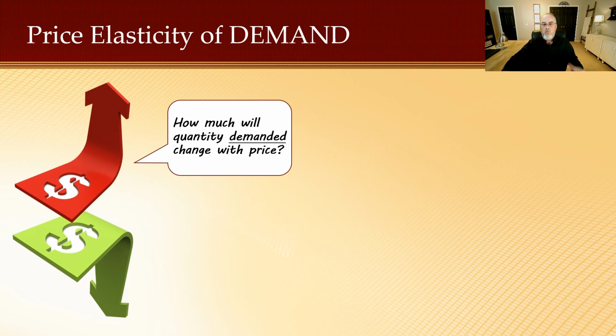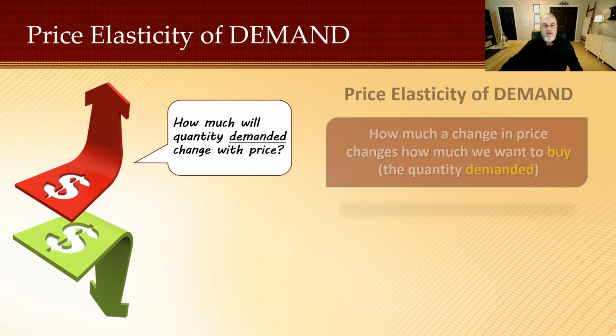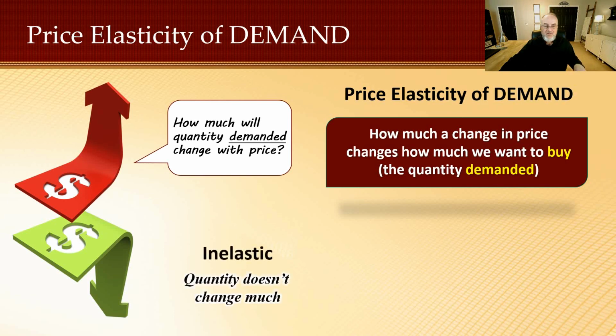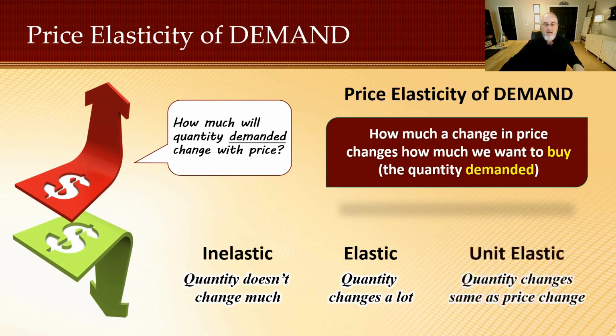So how much will what people want change if I change the price? So then a formal definition is how much a change in price changes how much we want to buy, the quantity demanded. All right? And again, it'll be inelastic if it doesn't matter much. It'll be elastic if the quantity changes a lot, and it'll be unit elastic if they move at the same rate.